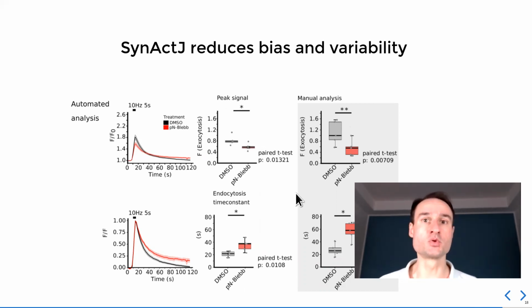This is likely attributed to the fact that we detect many more weakly responding events in the automatic analysis. Finally, the variability in the extracted parameters is greatly reduced, with the standard deviation dropping by a factor of 1.6 to 2.6, which further illustrates the increase in precision of the automated approach.